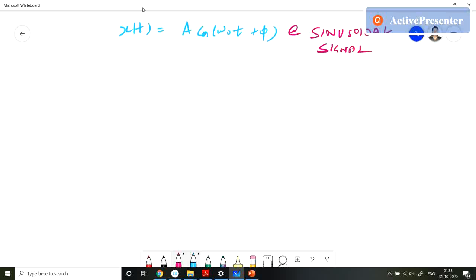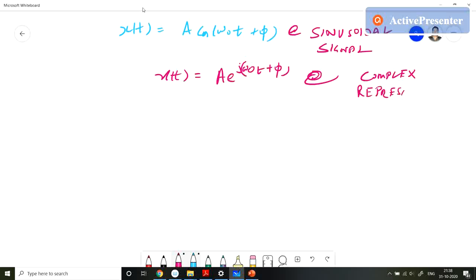This is one representation, and another representation is the complex representation. So we can also write it as A e raised to the power j(omega naught t + phi). This is the complex representation of the sinusoidal signal, and the other is simply the sinusoidal representation.